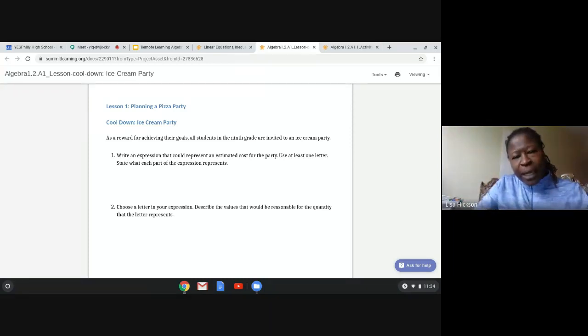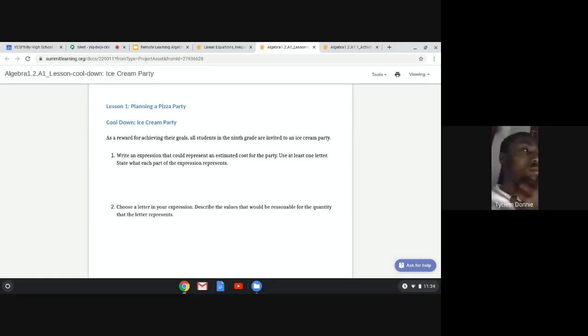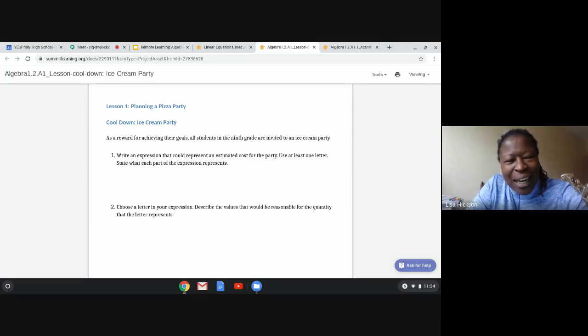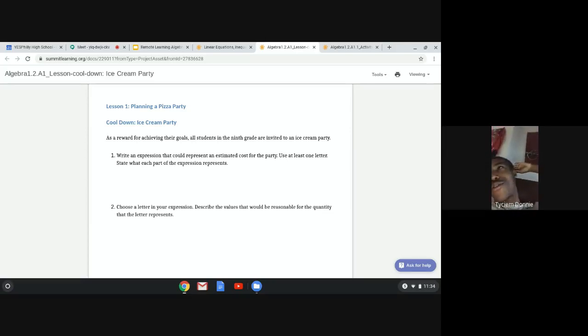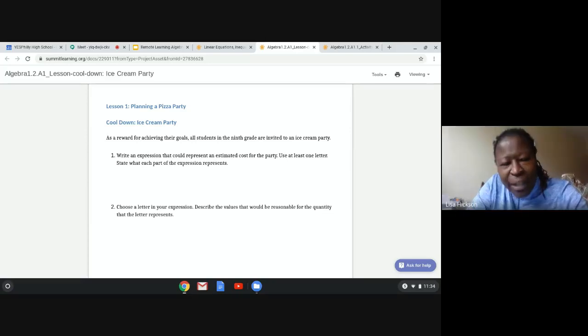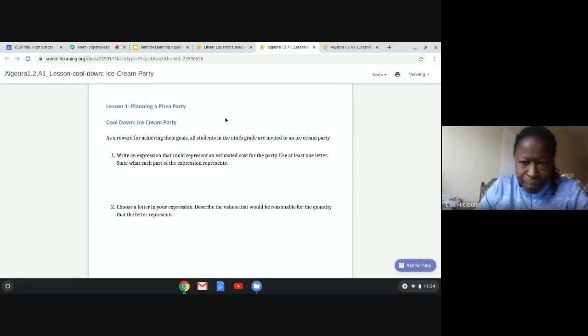So you all are planning an ice cream party for 9th grade. First, you're going to write the expression, and then second, you are going to choose one of those variables to put constraints on. So that is the first one.